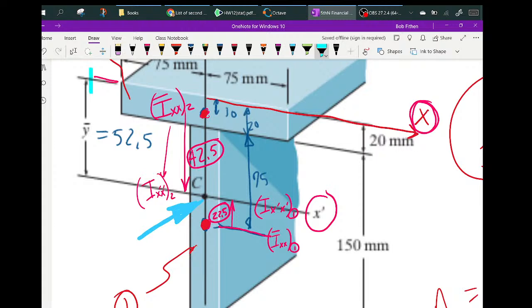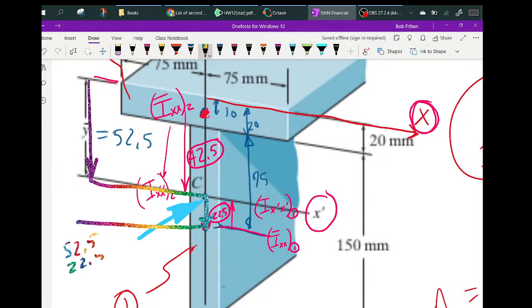So if I add this distance to this distance, I should get the 75. In other words, here, let me do it like this. If I add that distance to there, and the distance to here, what should I get? I should get 52.5, and I'm saying 22.5. That'll be 75. So that checks out. I think we're okay there.